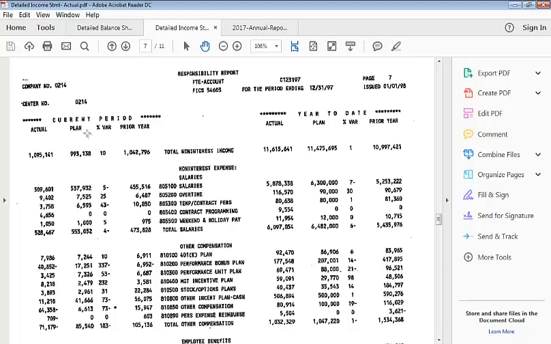Okay, now what we have right next to the actual column is the plan. That's the budget. So their actual for December was $509,000. They had budgeted $537,000. So they're slightly below what they had budgeted, and actually they're 5% below. That's what this percent variance is. It tells them how far off they were from plan.